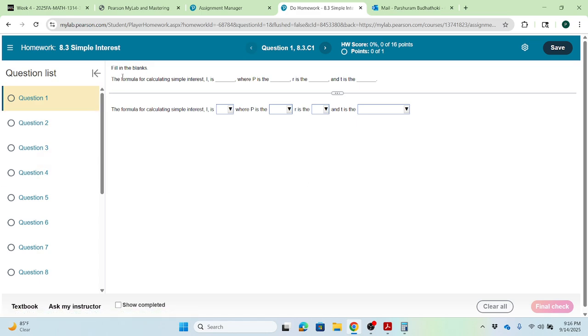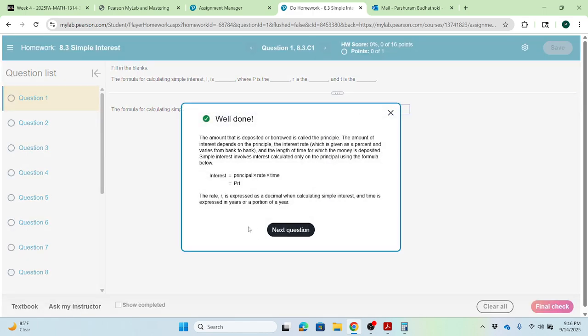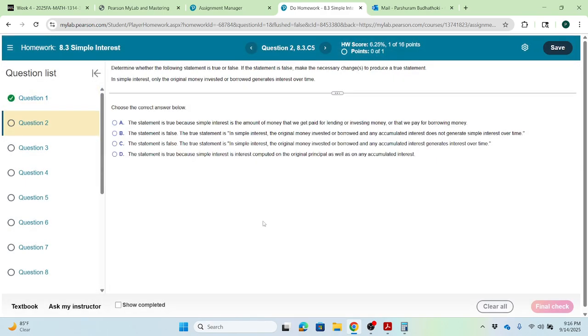Okay, the formula for calculating simple interest I is P times R times T, where P is the principal, R is the rate, and T is the time. That's the simple formula. In simple interest, only the original money invested or borrowed generates interest over time.